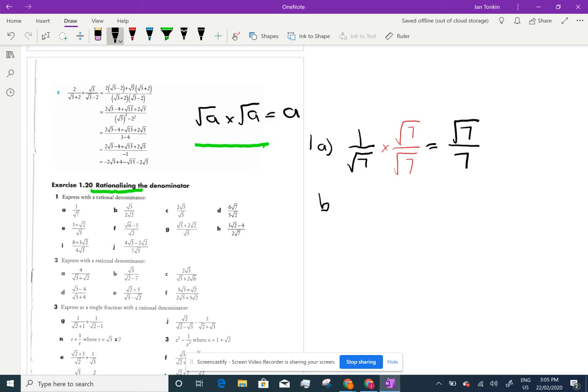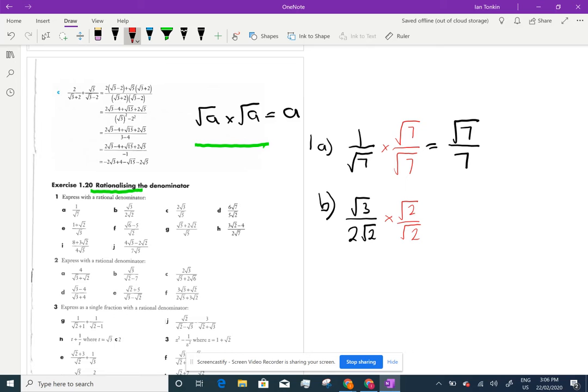Let's do B. We'll do it rather quickly. It's pretty easy. Root 3 on 2 root 2. Now, the first thing you've got to understand, don't go multiplying by any other numbers, just the surd. Don't multiply by 2 root 2, just multiply by the surd. That'll get rid of the surd on the bottom. If you multiply by 2 root 2, it'll also get rid of the surd on the bottom, but then you'll have to simplify.